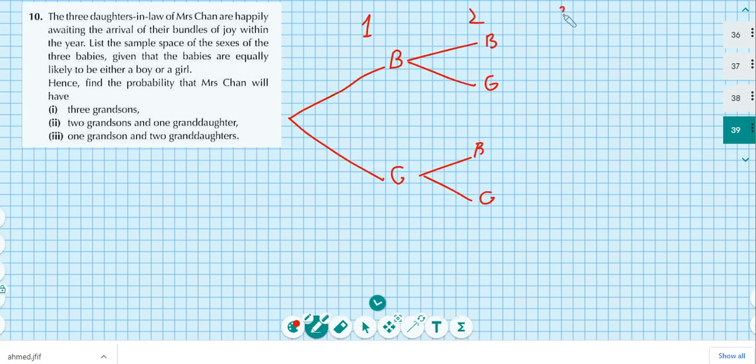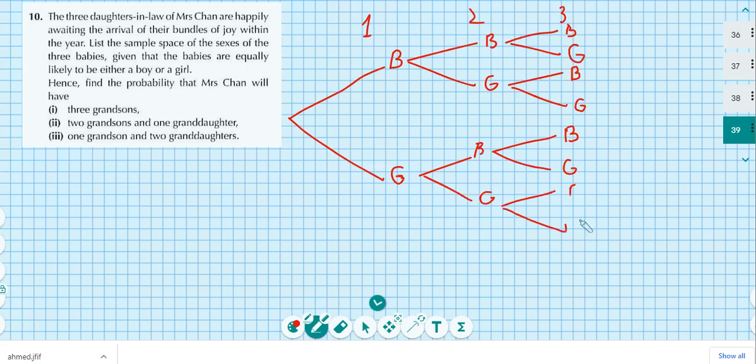For the third daughter-in-law, if the first and second have 2 boys, the third can have boy or girl. Similarly, if the first has boy and the second has girl, then third can have boy or girl. And they are mutually exclusive events, so I have made the tree diagram. Similarly for this case.